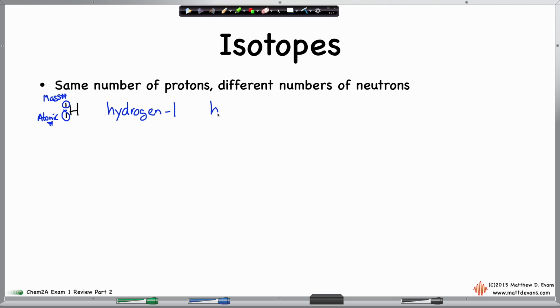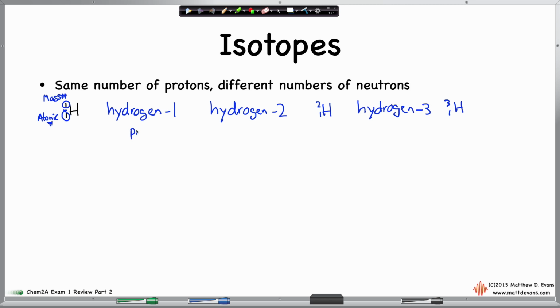Versus something like hydrogen-2, this really does exist. The mass number is 2, and then we would write this as 2, 1 like so, and there's hydrogen-3, which we would write like so. Okay, so 3 isotopes for hydrogen. By the way, I think this is the only element that I know of that has very specific names for its isotopes.